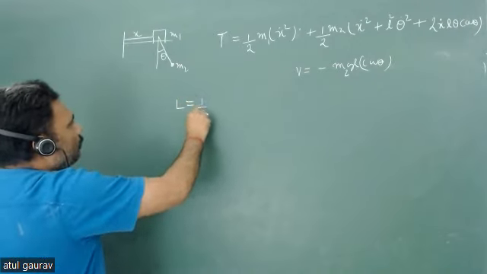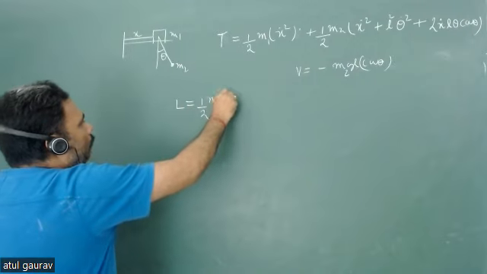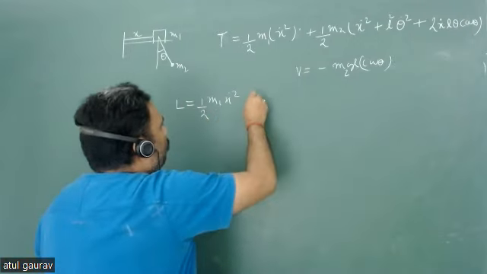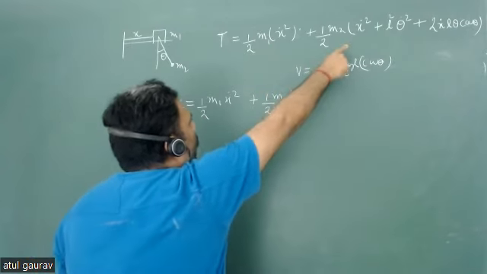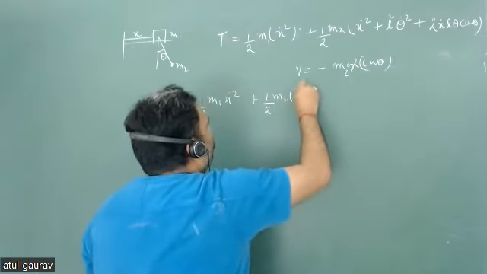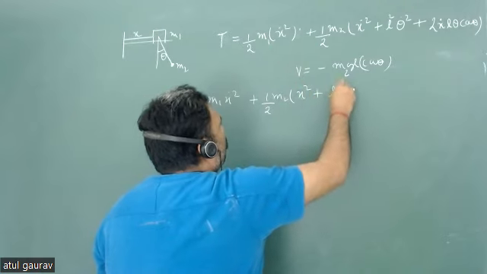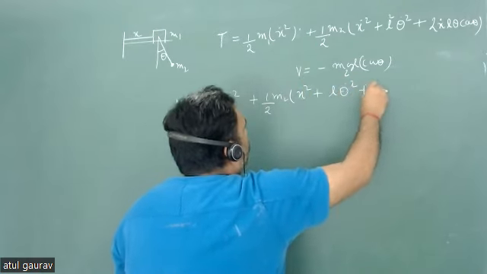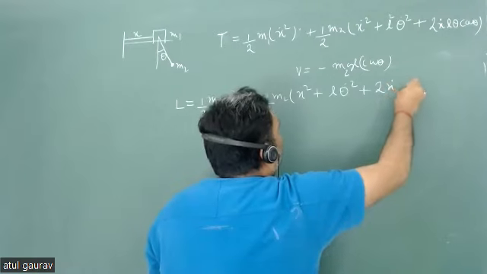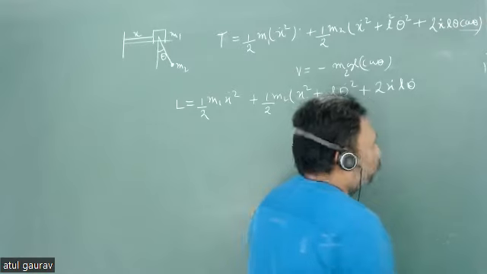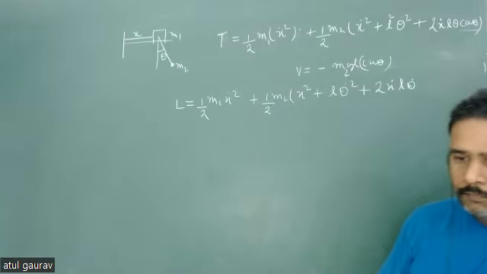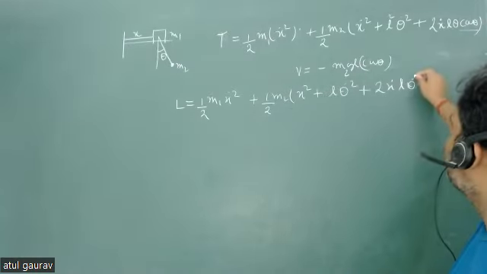The Lagrangian of the system is what? Half m1 x1 dot square. There will be no problem with this. Half m2, will there be any problem with this? Not any problem. This is also good. So 2 x dot l theta dot, what should cos theta be? Remember last class?